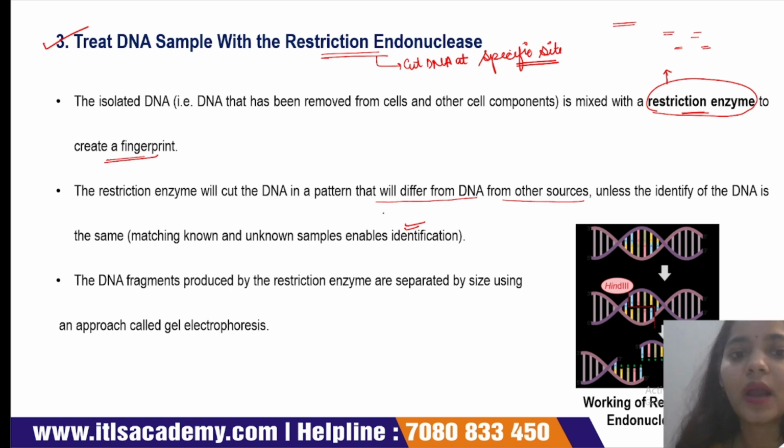The DNA fragments produced by the restriction enzymes are separated by size using gel electrophoresis. After treating the DNA with endonuclease, we separate out these bands with the help of gel electrophoresis.